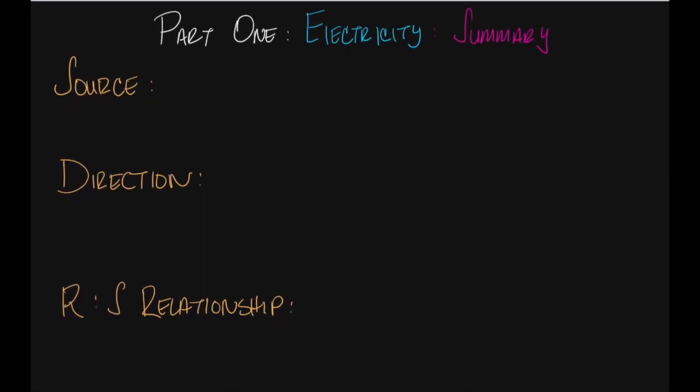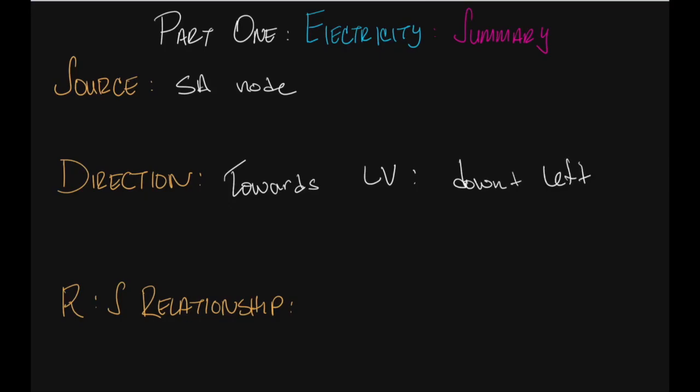So, in summary, we know that the source is the SA node. And we know that the direction is towards the left ventricle, so we get that down and left movement.